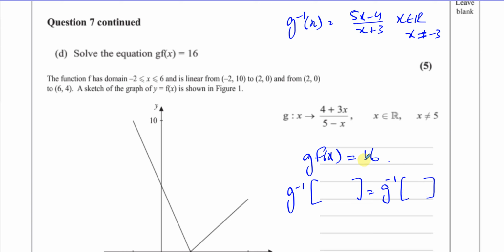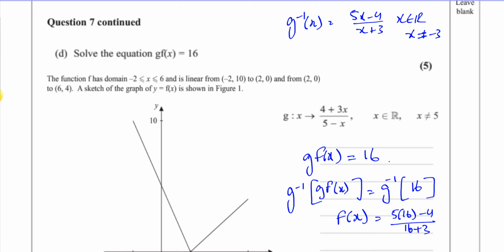So I take the inverse g of this side and the inverse g of this side. If you take the inverse g of g, they cancel each other out. The composite function of the inverse and the original cancel each other out, and you're left with f of x equals the inverse g of 16, which is what you get when you put 16 inside the inverse function. That's going to be 5 times 16 minus 4 over 16 plus 3.